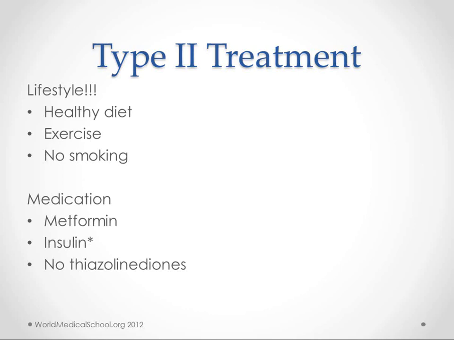You can totally get better from type 2 diabetes in kids. So this is on the parents and on the patient to change their lifestyle. If we can't control it, then we can use metformin, we can use insulin, but the thiazolidinediones are not indicated, and I don't think sulfonylureas are either.